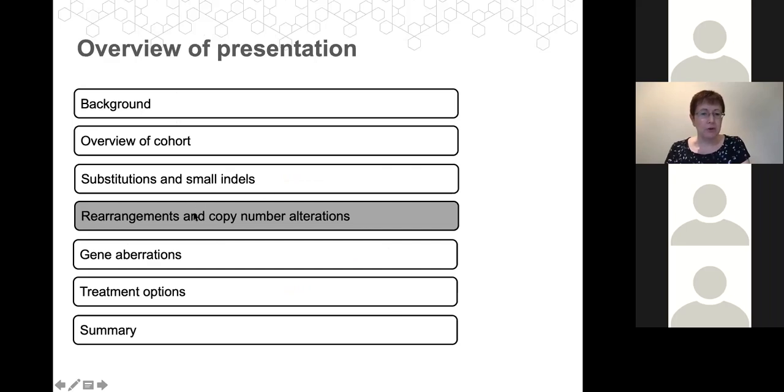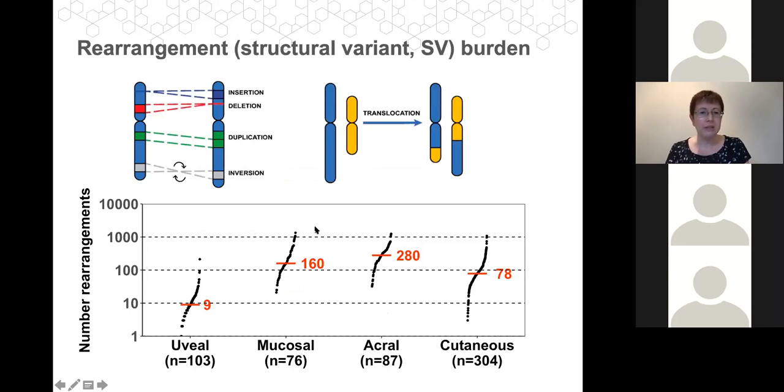So now I'll move on to talk about rearrangements and copy number alterations. Rearrangements, which I may also refer to as structural variants or SVs, are the larger scale structural rearrangements such as insertions, deletions, duplications and inversions, as well as translocations of material between chromosomes. And here we see the number of rearrangements in each subtype, where each point represents a single sample and the red is the median.